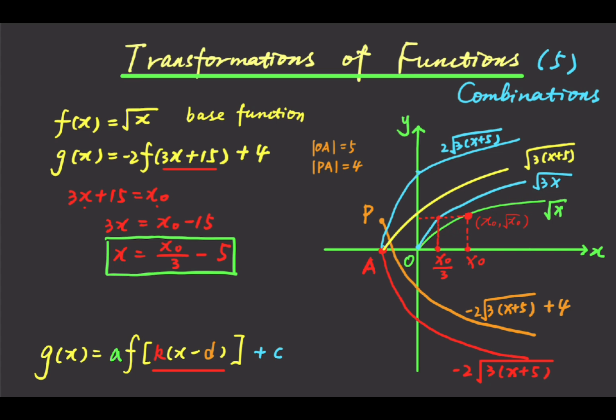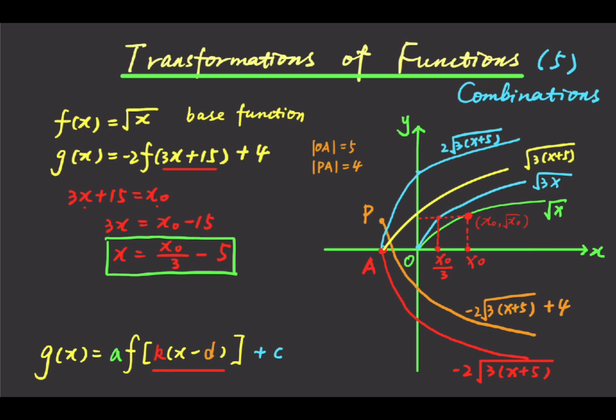If we want to guarantee f(3x plus 15) equals this calculation, we need to guarantee x equals this number over 3, then minus 5.